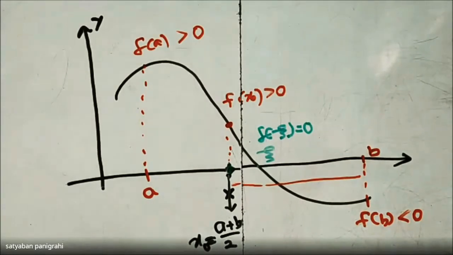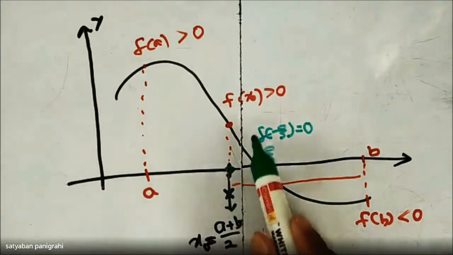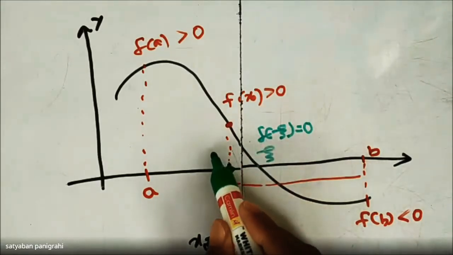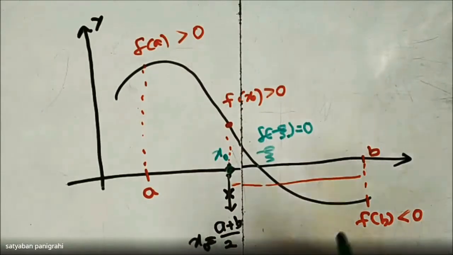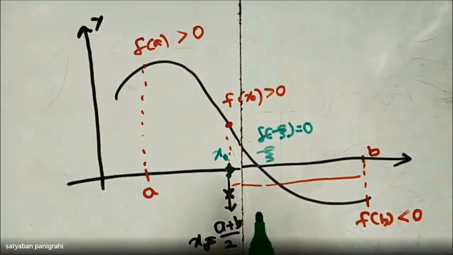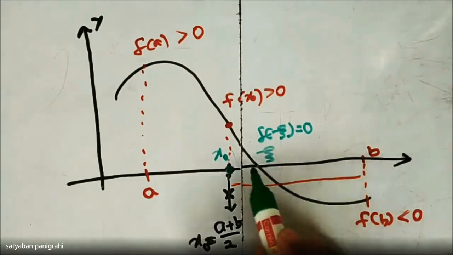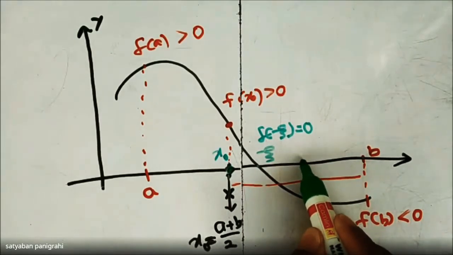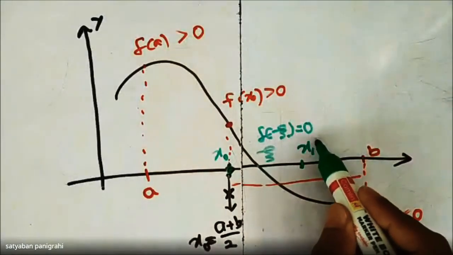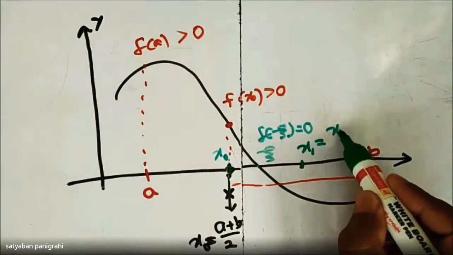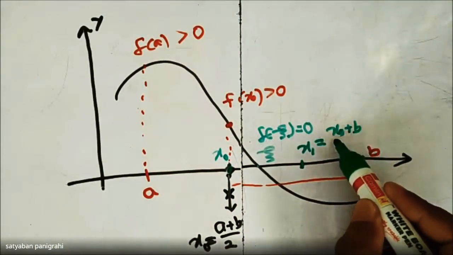In our next step, we take this point x0 and the point b. The next approximation will be x1, which is x0 plus b divided by 2.